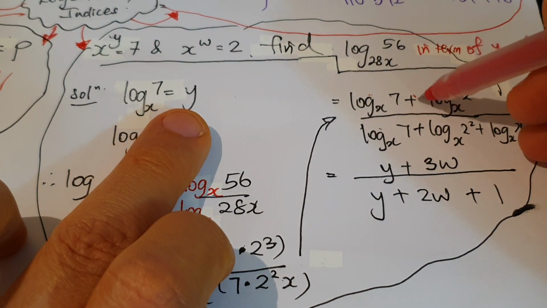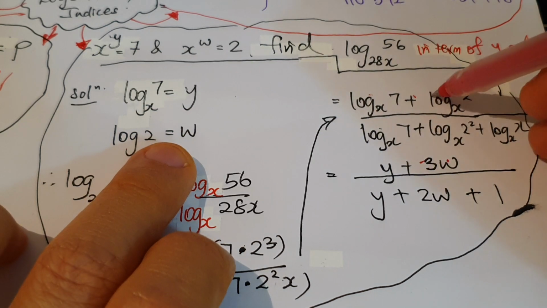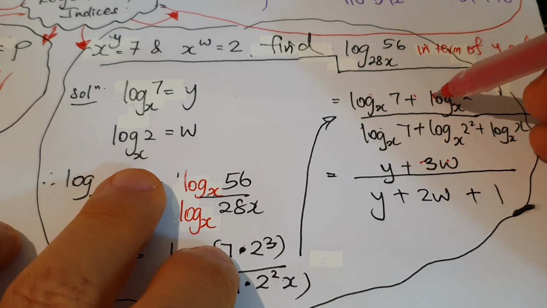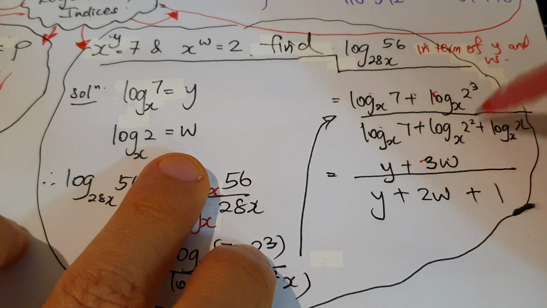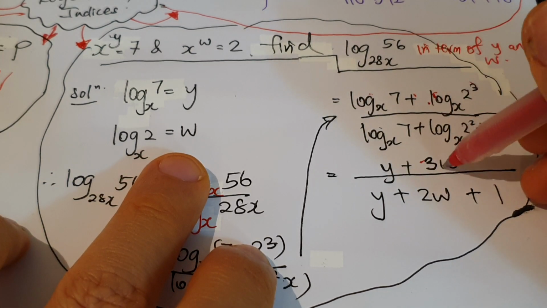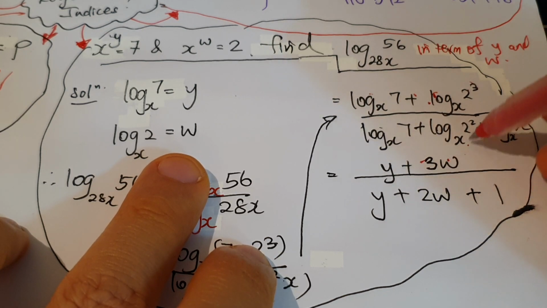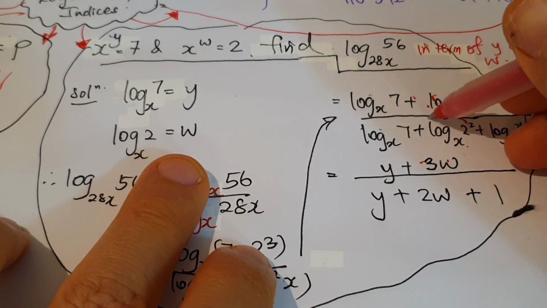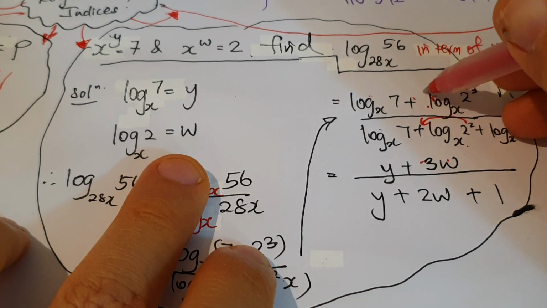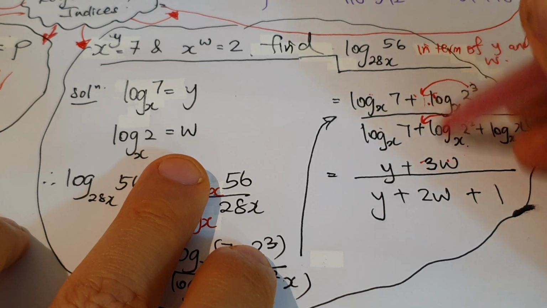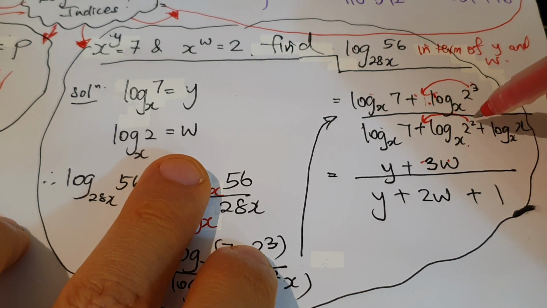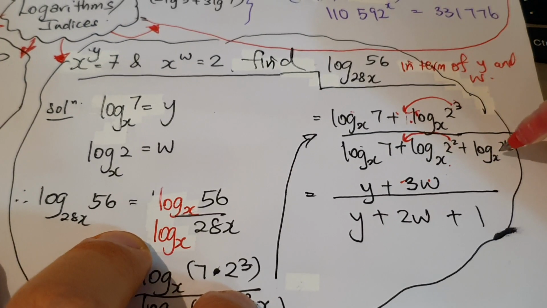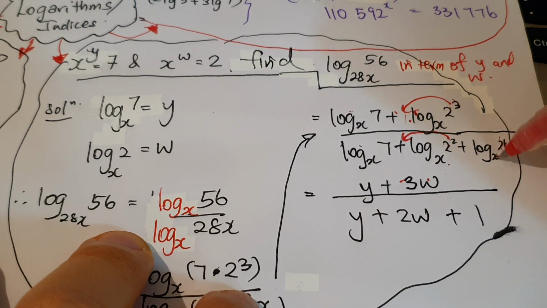This one I throw down is 3w, because log 2 base x is actually w. So it's 3w, not w cubed. This one you need to throw down. You cannot substitute this and say it's w cubed. This one is x cubed, then it's not correct already. Then as we mentioned, when the base and this argument are the same, then x to the power of what equals x must be 1.